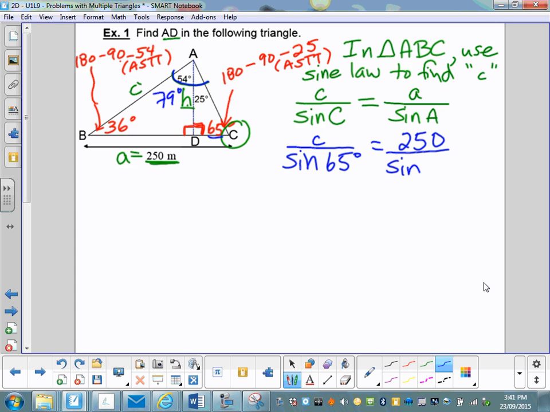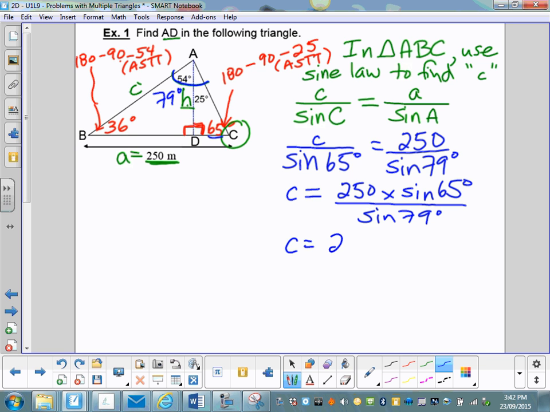So we just discussed the fact that angle A at the top of triangle ABC is 79 degrees. So we plug that in, and now we can use those ratios to find side C. So if I do my cross multiply, 250 times sine 65, and I'm going to end up dividing by sine 79.